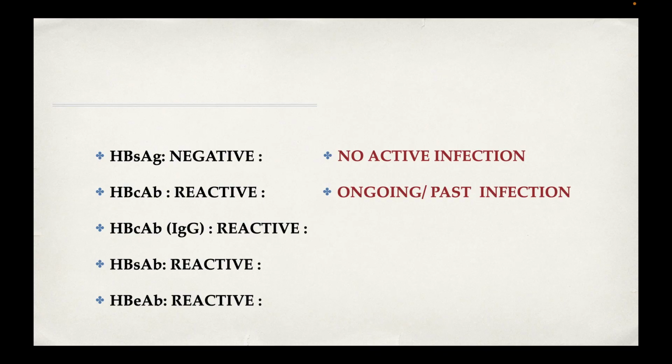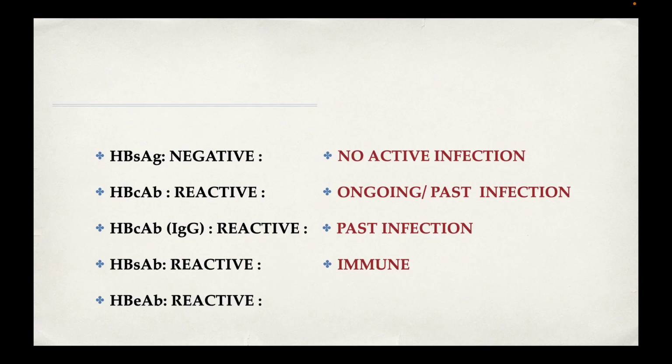And the core antibody to immunoglobulin G is reactive. And we said once you have immunoglobulin G, it tells us that you have a chronic infection or a past infection. Then, once the patient is having surface antibody reactive, it tells us that this patient is protected or immune.